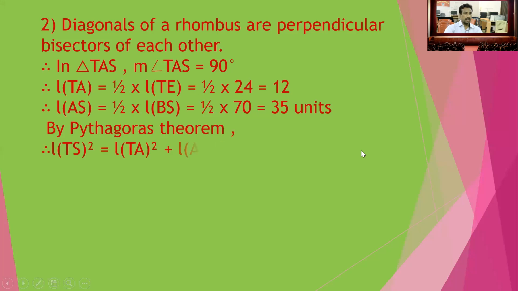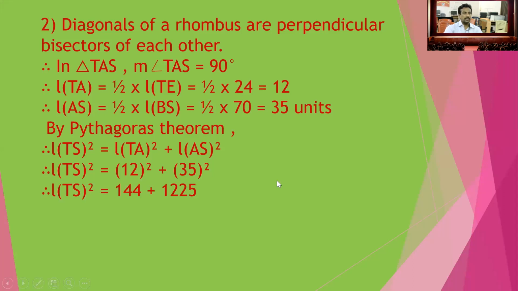Now, by the Pythagoras theorem, there is a right triangle. Therefore, by the Pythagoras theorem, length TS square is equal to length TA square plus length AS square. We put the values. Length TS square is equal to 12 square plus 35 square. Square of 12 is 144, square of 35 is 1225. Now add these two numbers, we get length TS square is equal to 1369.